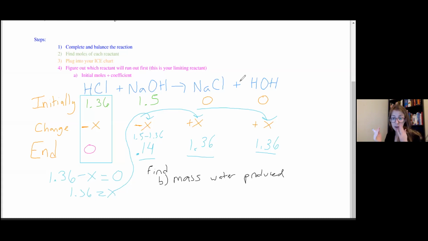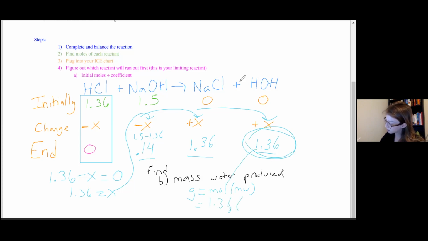So now if I look back at my questions, now that my ICE chart is done, part B, finding the mass of water produced, is actually pretty simple. Because I look over at the water column, HOH, it says I have 1.36. Remember, this whole chart is in moles. Well, if they want the mass, they want grams. Grams of water equals moles of water times molecular weight of water. I have 1.36 moles of water at the end of this reaction.